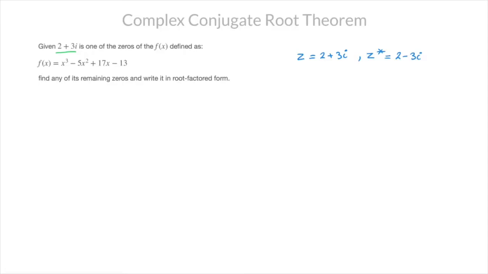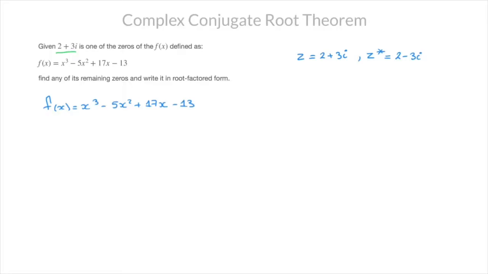Well, perhaps we could try finding it by trial and error, but at times that can be very tedious and definitely takes up time. No, instead we're going to use the factor theorem. Now let me start by copying the polynomial function that we were given. Remember, we have f of x, which equals x cubed minus 5x squared plus 17x minus 13.